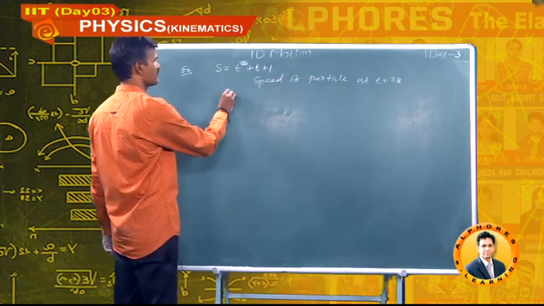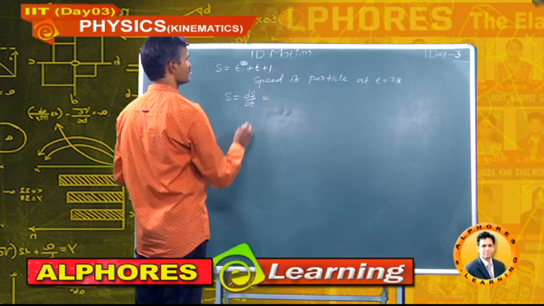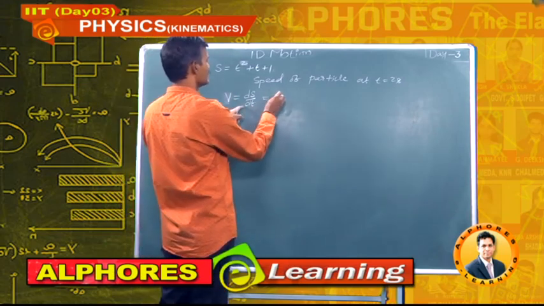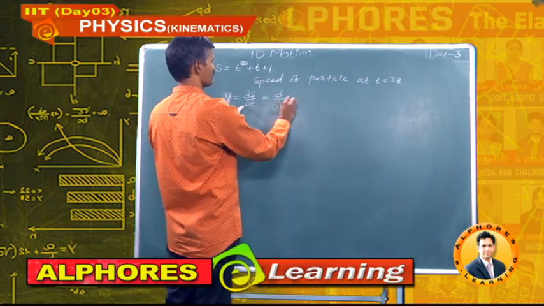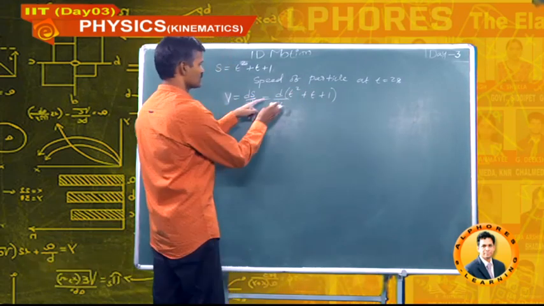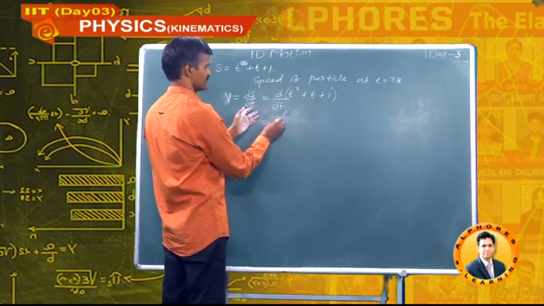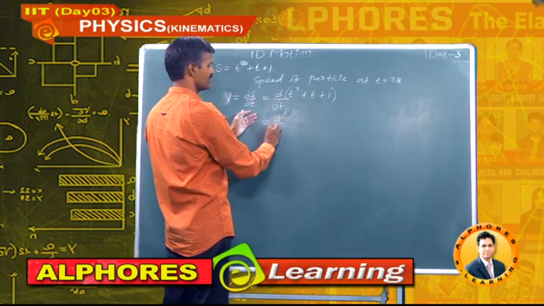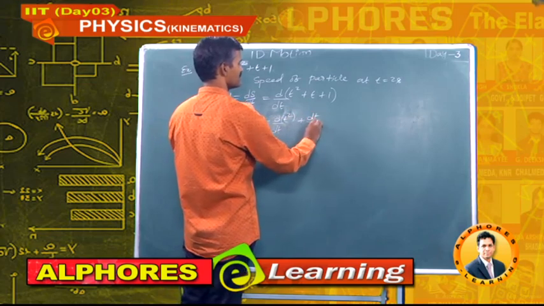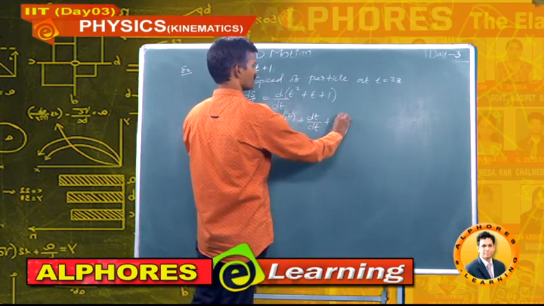So, speed is given by ds by dt. V is ds by dt, in the sense d by dt of t square plus t plus 1. To calculate this derivative, we take individual derivatives, that is d by dt of t square plus dt by dt plus d by dt of 1.